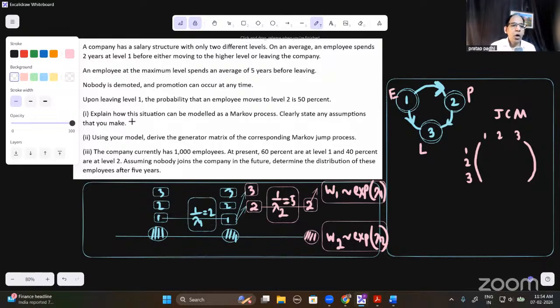Upon leaving level 1, the probability that an employee moves to level 2 is 50%. So they've given 1 to 2, 50%, and 1 to 3, 50%. How about 2? Once a person leaves 2, there is 100% probability that the person will go to 3. That's what is written here.